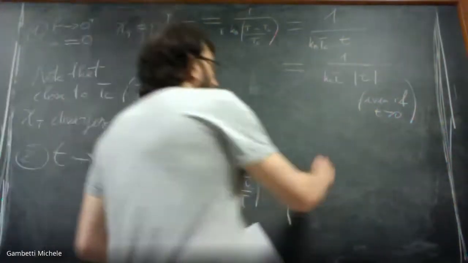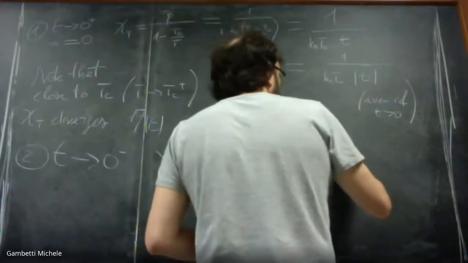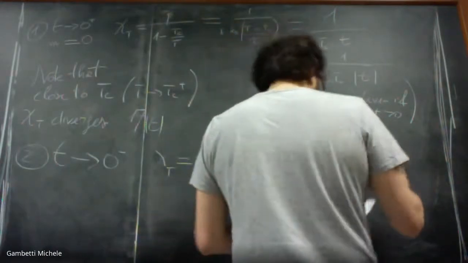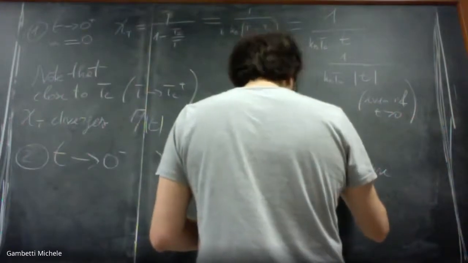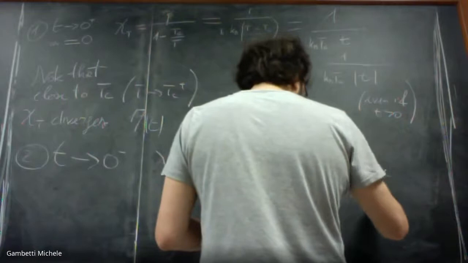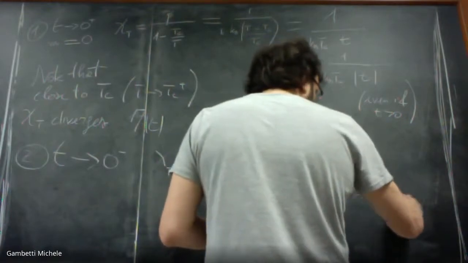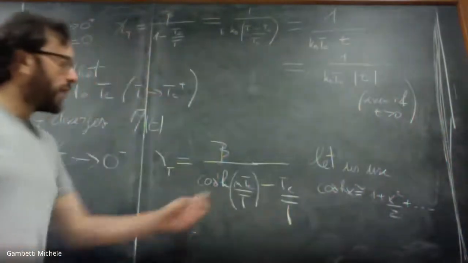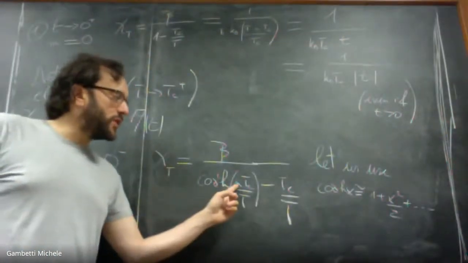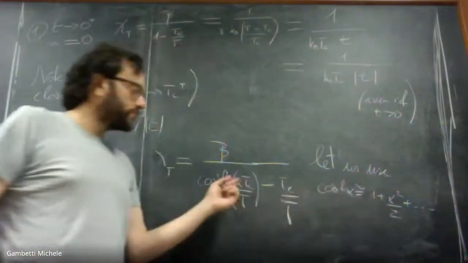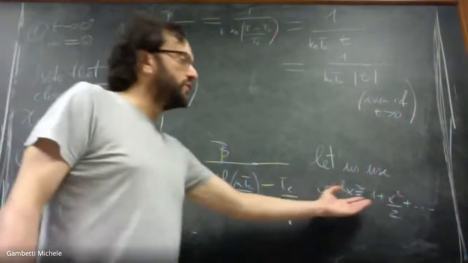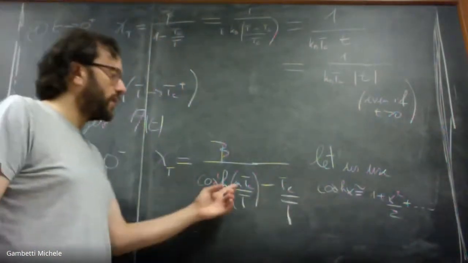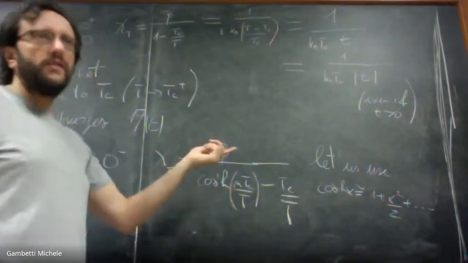So let's use this expansion of the cosh: cosh of x is close to 1 plus x squared divided by 2 plus and so on. So m, even from below, is approaching 0, so I can use an expansion, and I will stop at the second order. Above, I do not have to use an expansion because it's identically 0, whereas here it's approaching 0, but actually it has an infinite slope.